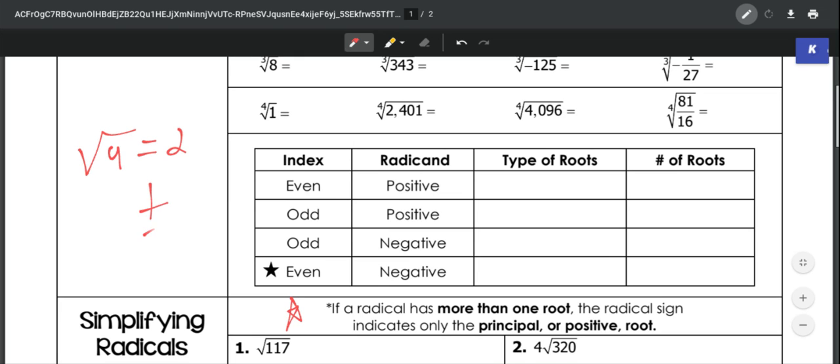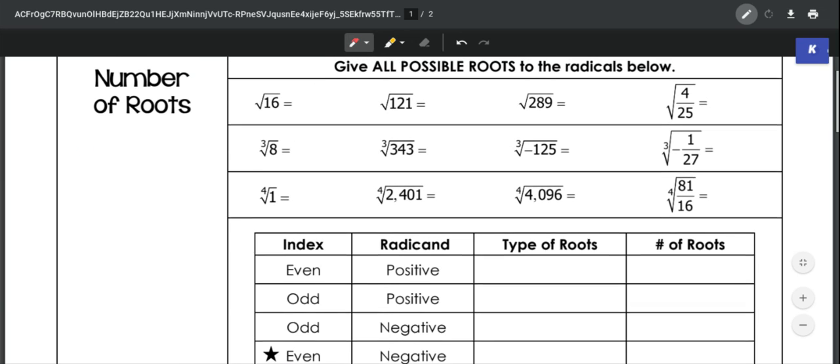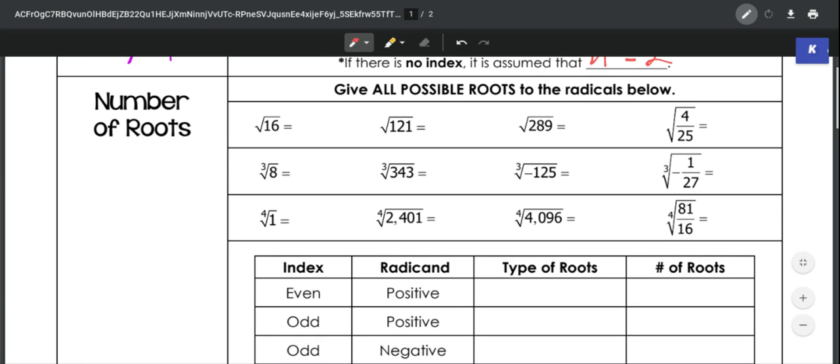Typically we don't say plus or minus 2, but for the sake of looking at how many actual roots we have for this first part, I'm going to be saying plus or minus for the ones that actually have plus or minus. So we've got the square root of 16. The answer for that would be plus or minus 4, because negative 4 times negative 4 is equal to 16, and positive 4 times positive 4 is equal to 16.